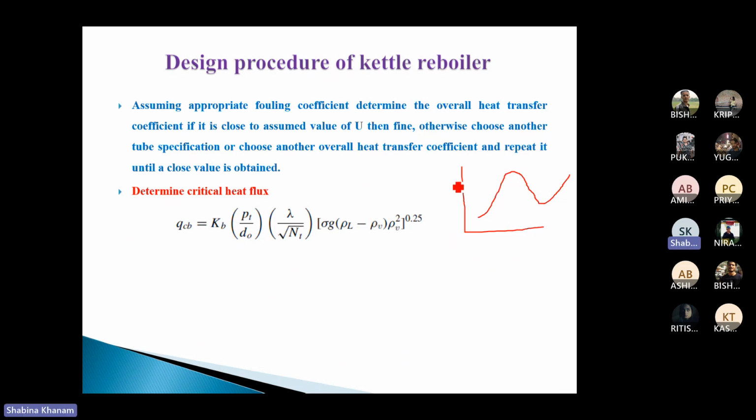Here I have the flux, and here I have the temperature difference, the driving force basically. If we consider this value, that is nothing but the critical heat flux. It means whatever heat flux I consider in designing for that boiling should be well below this.